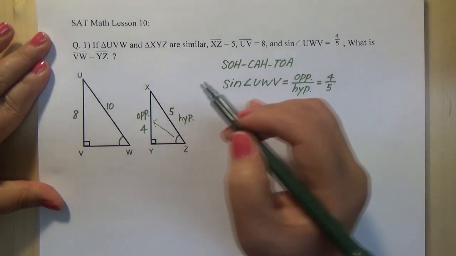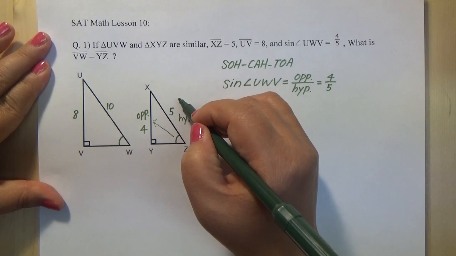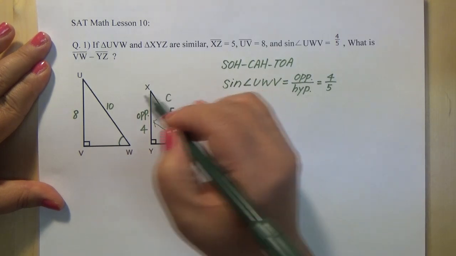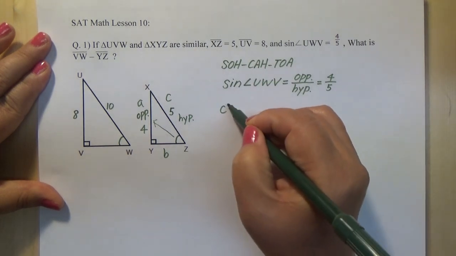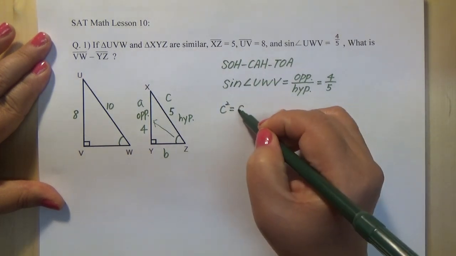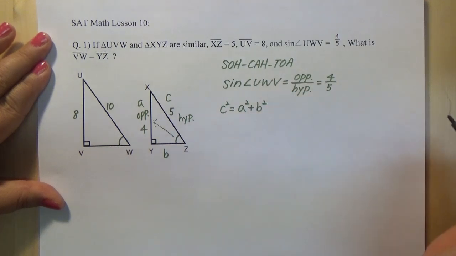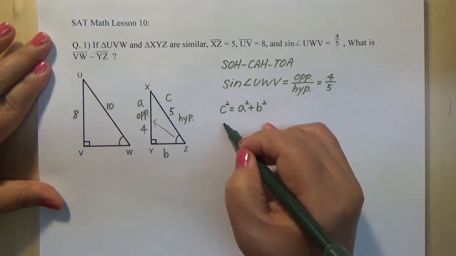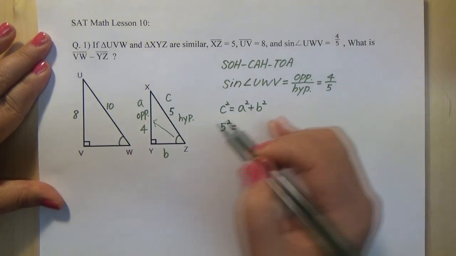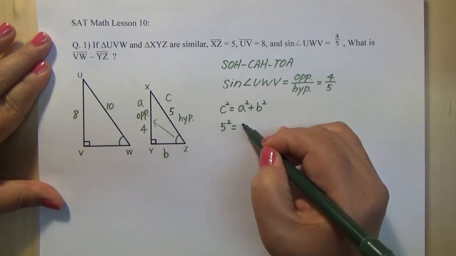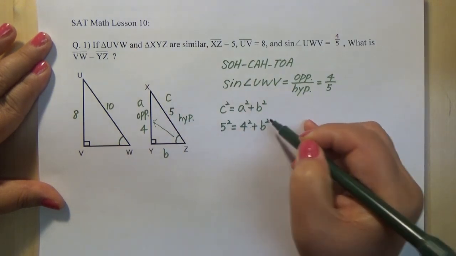So this is Pythagorean theorem. Pythagorean theorem, C A B. So C squared is equal to A squared plus B squared. So C is 5 and 5 squared is equal to A is 4 and 4 squared plus B squared.